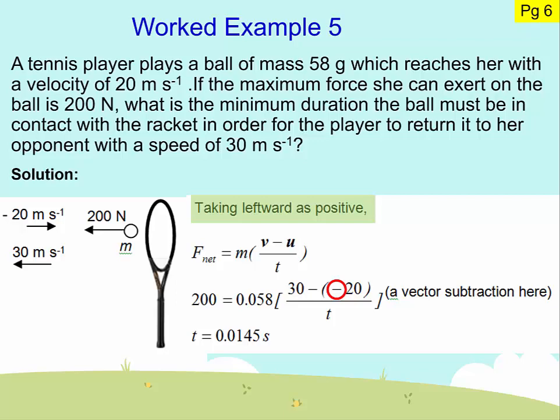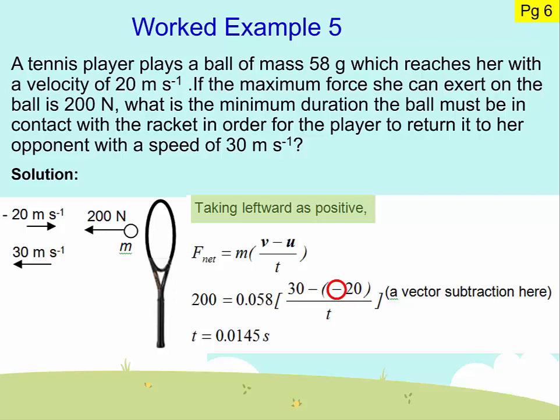If we say leftward is positive, when I return the ball with the racket, it should be towards the left. So that is positive. So v minus u, and u is negative because it is moving to the right. So I have v minus negative 20.